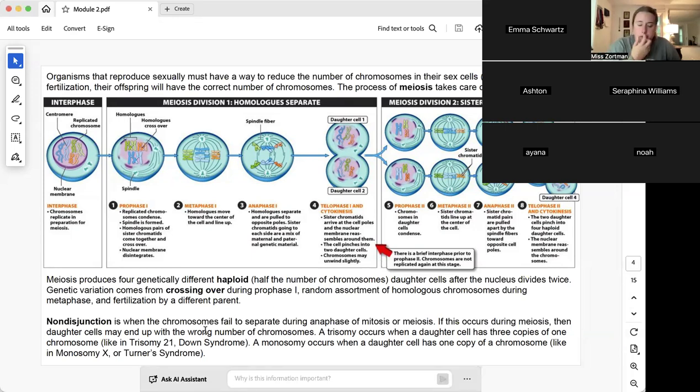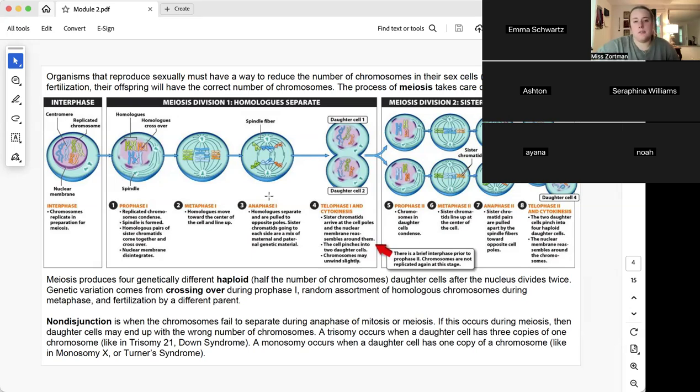One more thing with mitosis and meiosis is the non-disjunction. This is the process that happens when chromosomes do not separate correctly during anaphase, at any stage of anaphase. So if they did not separate, okay, you're going to end up with the wrong number of chromosomes in both cells that are formed. One of those cells is going to have too few chromosomes, and one of those cells is going to have too many chromosomes.